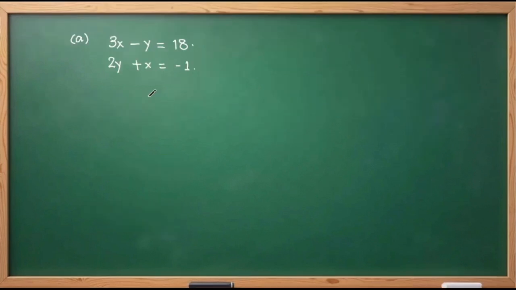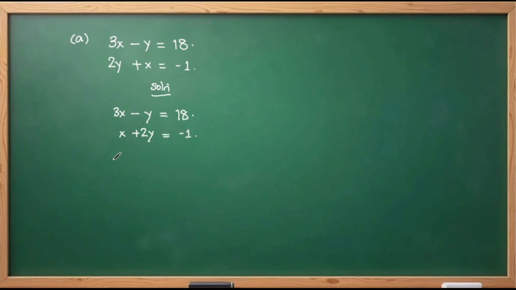Now the first thing we need to do is rearrange equation number 2. The first equation is 3x minus y equals 18. Then the second equation becomes x plus 2y equals negative 1.